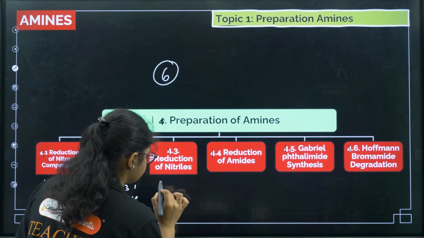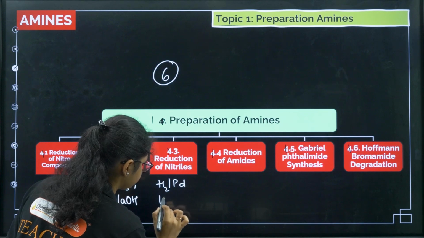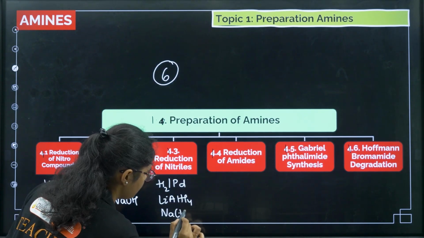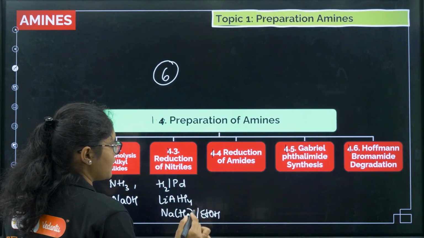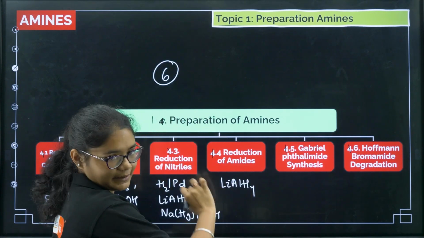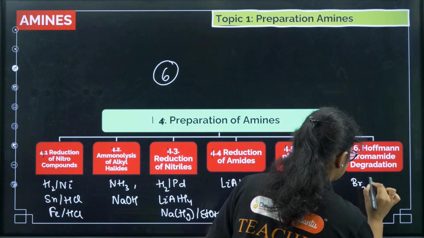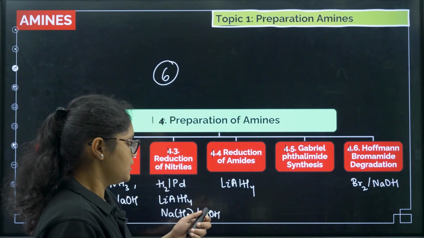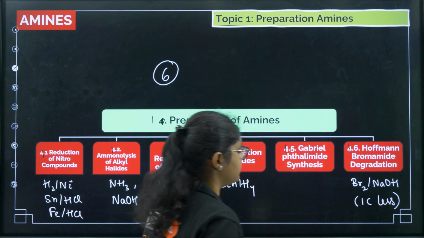For nitriles, again we have three: H2 palladium, or LiAlH4, or sodium amalgam with ethanol. For amides, you have to use LiAlH4. For Gabriel phthalimide, the whole reaction is there. For Hoffmann bromamide, you have to use Br2 in presence of NaOH or KOH. Clear? Here you should remember that a product with one carbon less will be formed.